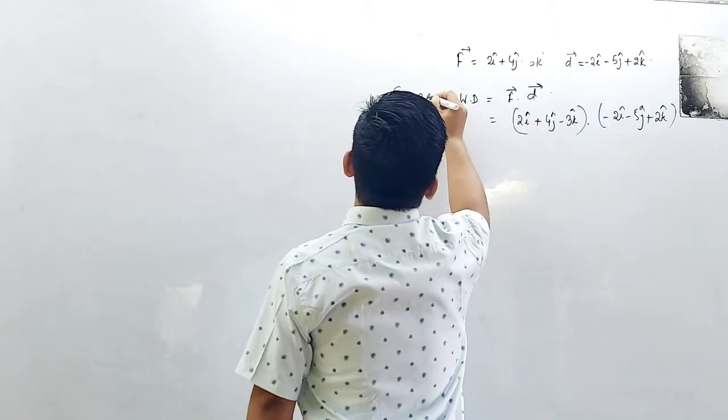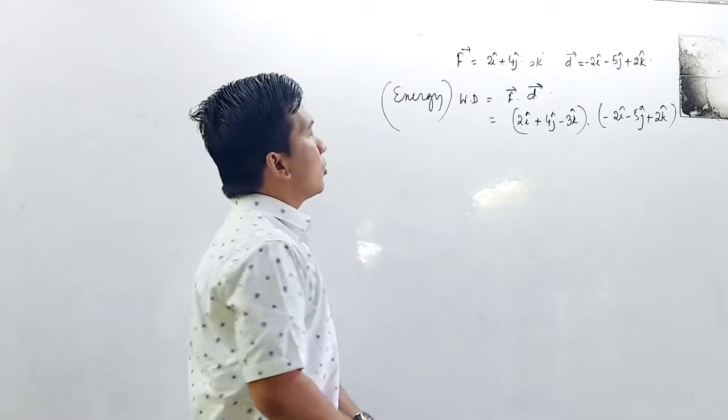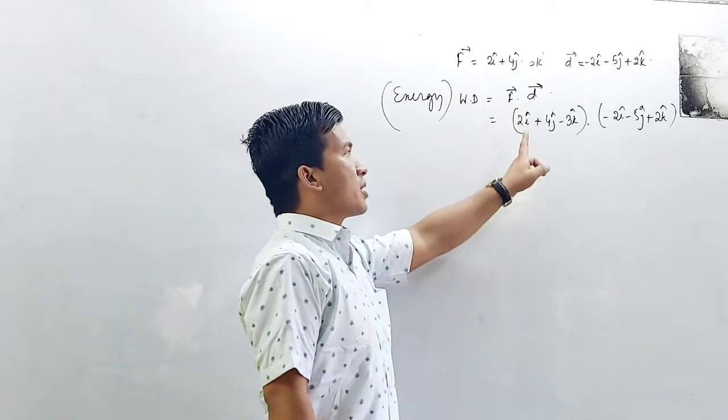Work done or energy is a scalar quantity, so we must find the dot product between the force vector and the displacement vector, 2I cap plus 4J cap minus 3K cap multiplied with minus 2I cap minus 5J cap plus 2K cap.